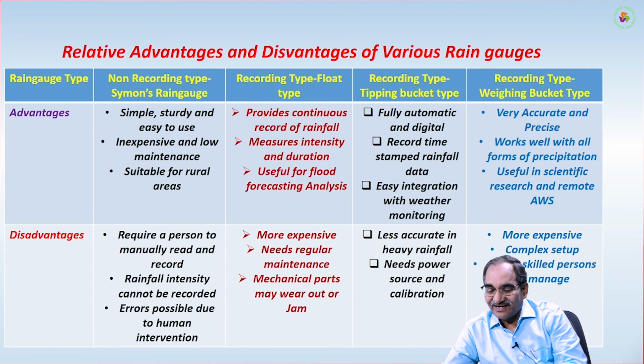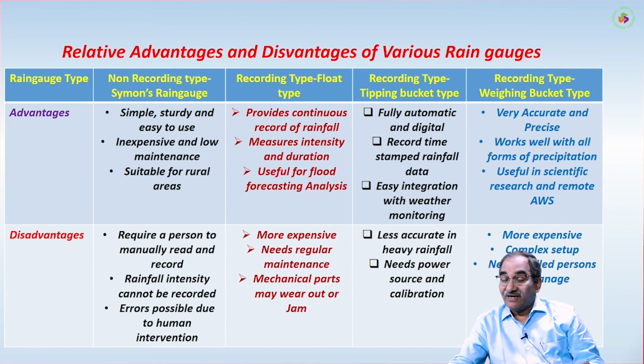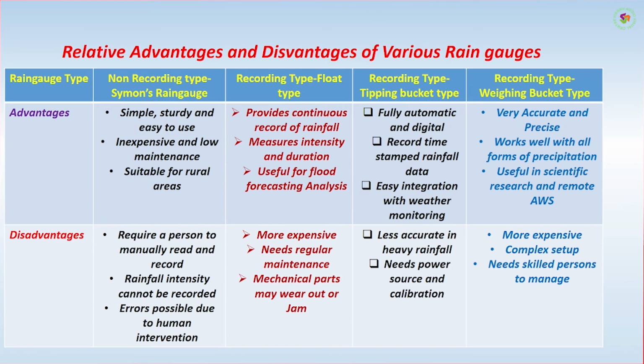Coming to the weighing bucket type, it is very accurate, absolutely very accurate. But remember, the weight is converted into rainfall. That is the second thing. Any type of precipitation, whether rainfall or other forms like drizzle, it takes care of.